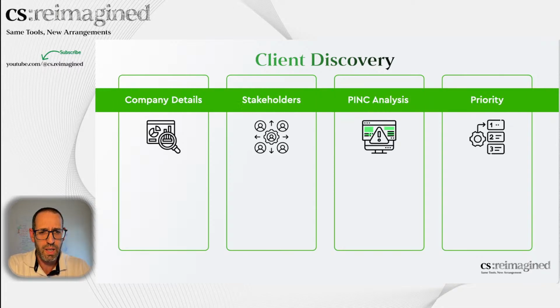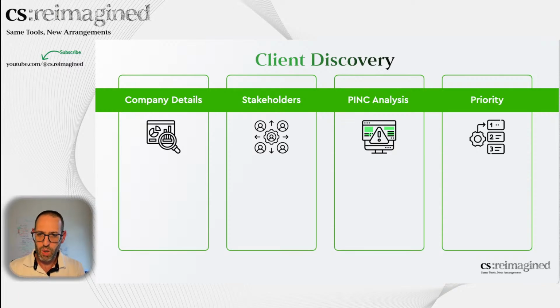Another element we need to add to client discovery is the company details. We want to know which industry they are in. We want to know what segment they are. And I'm not talking about the regular segments of enterprise, middle market, and so on. I'm talking about a more holistic way of looking at customers, not only which industry they are in, but also how we should communicate with them and what they need from us.